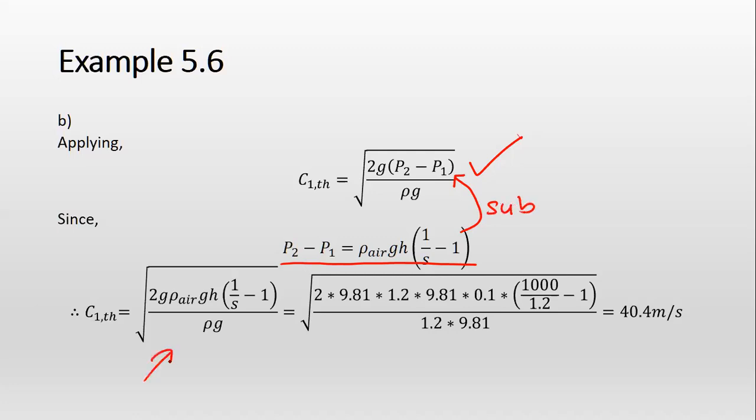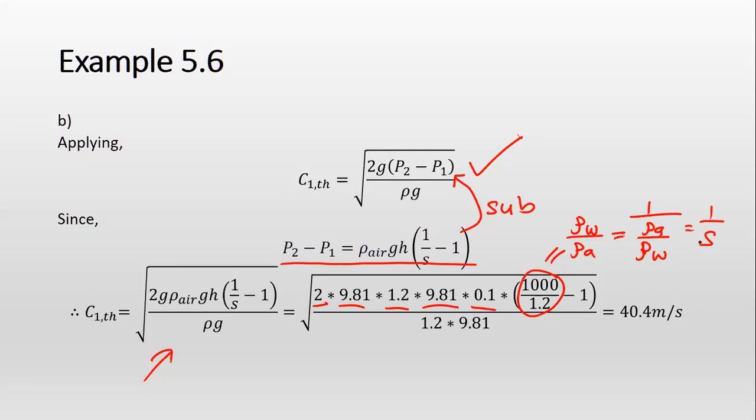The rest of the job is just to put in the numbers. So 2 times 9.81, rho of air is 1.2, 9.81. The height is 10 cm, so please change to 0.1. Then we have our 1 over S. I wrote it as 1000 over 1.2, because this is basically your rho water over rho air, which just now we converted into 1 over rho air over rho water, which is your 1 over S. It's the same thing.